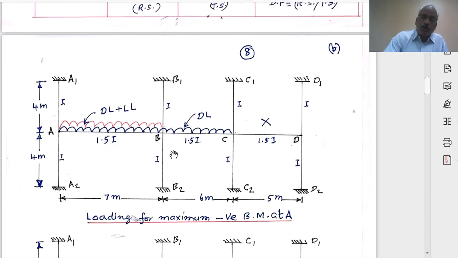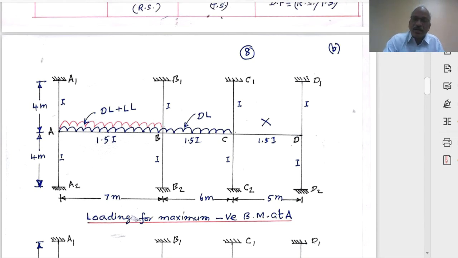Now, this is one loading. Let us start with the moment in the columns. Here, this is the loading for maximum negative bending moment at A. For maximum negative bending moment at support A, we have to load the adjacent span with the live load, because dead load will be there over all the spans.